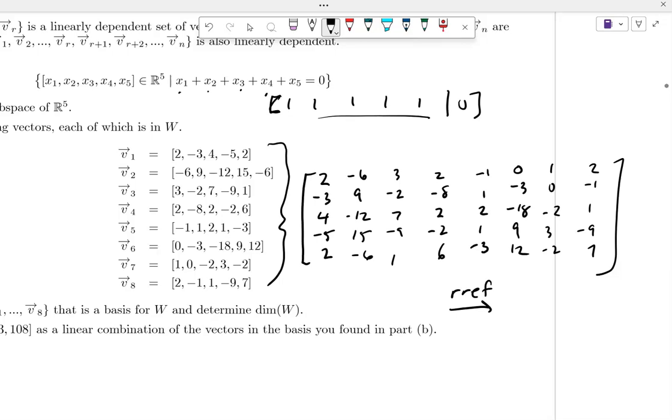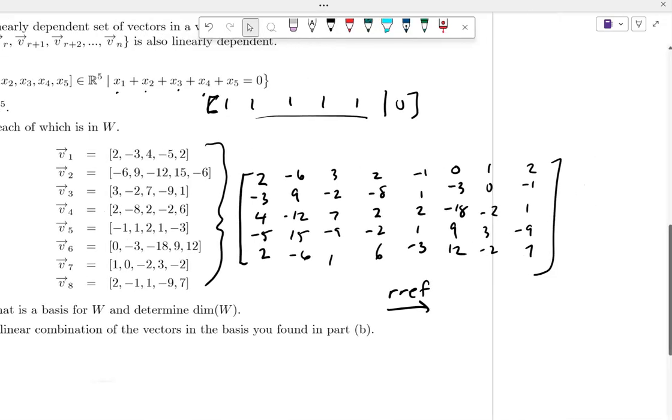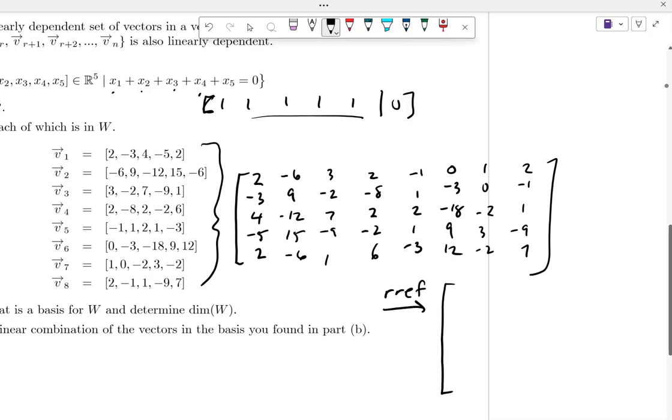Austin's working away at it. Bless you. Say it again. Well, we'll see when we do the reduced row echelon form here.